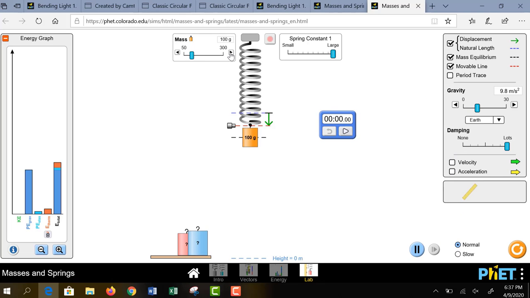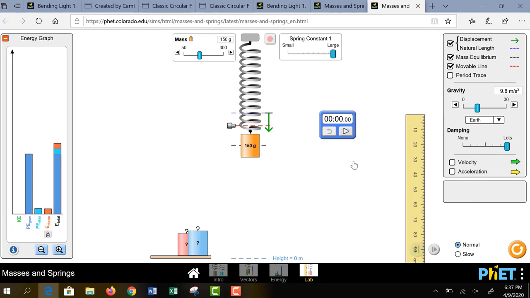Let's do it for another mass. I'll move this up to 100. Sorry, it's already at 100. I'll move it up to 150. It'd be easier if I can slide it, but it's not letting me. Oh, there we go. Same thing, I want to know how much I've moved from equilibrium.